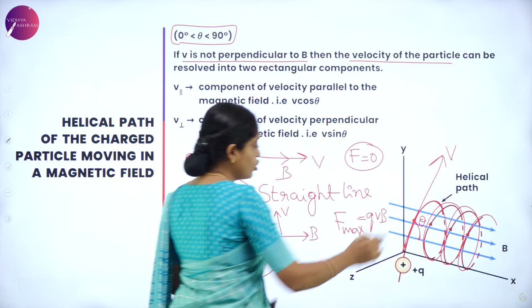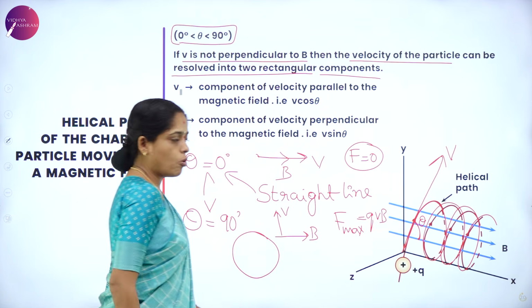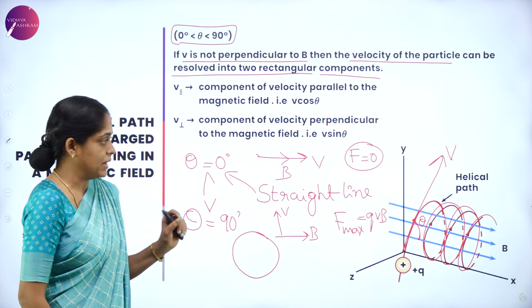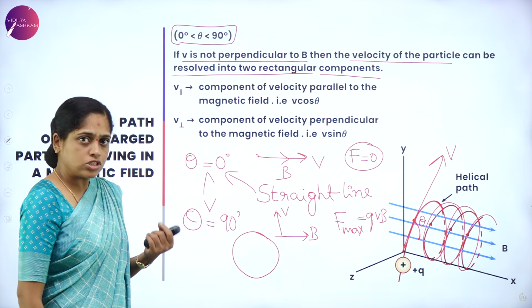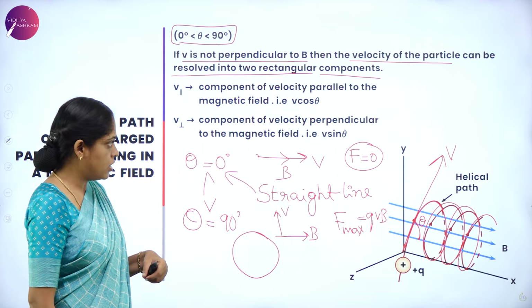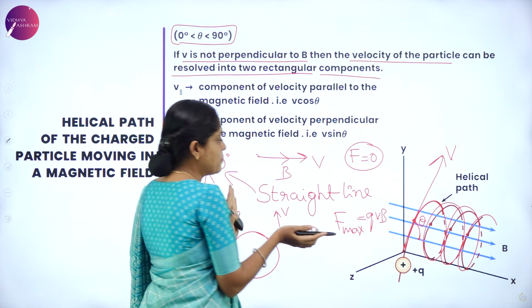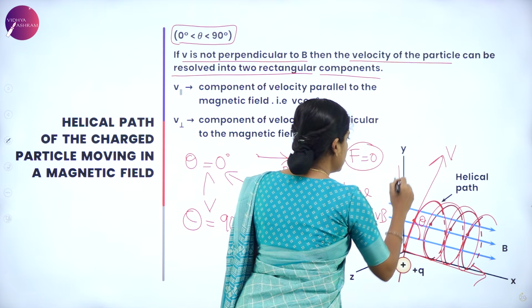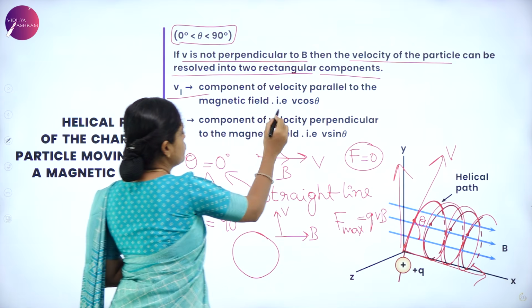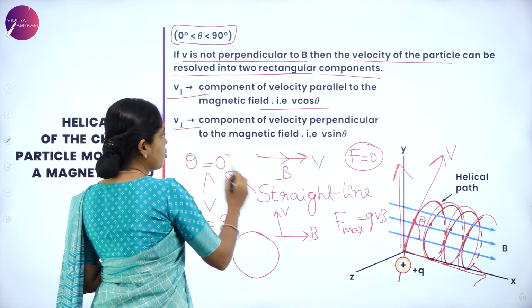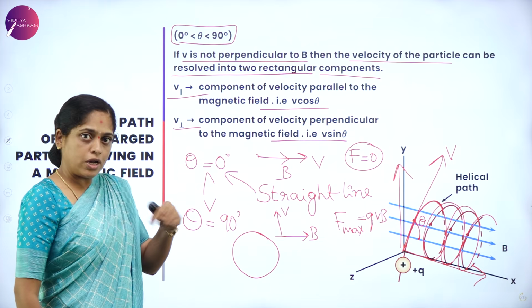Therefore, the velocity of the charge is resolved into two rectangular components, as the motion is in a plane. Whenever a charge moves in a plane, its velocity is resolved into two components: one parallel and another perpendicular. The parallel component is v cos theta and the perpendicular component is v sin theta, and you know how to resolve it. So let me recall that.